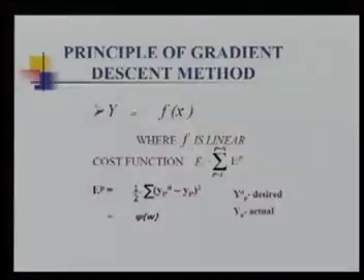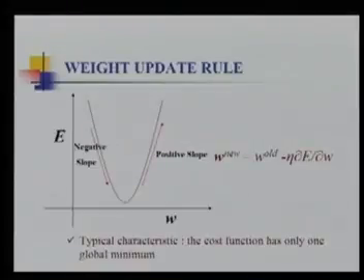So, let me summarize what we discussed today. We had a cost function of this form. This is the individual cost corresponding to each pattern. This is the total cost for n patterns, and we use the gradient descent rule.